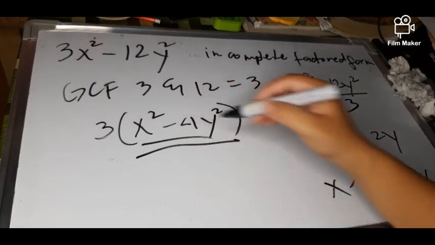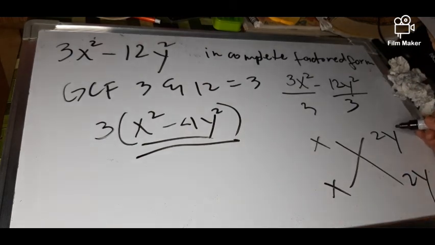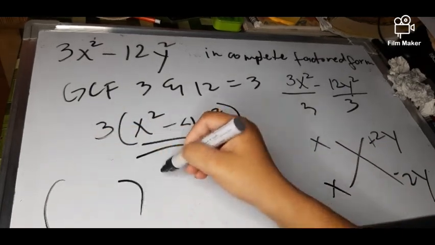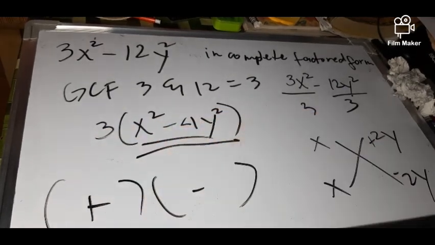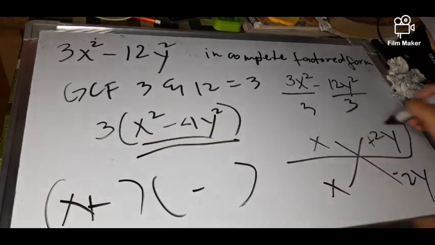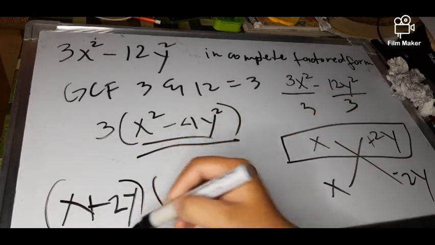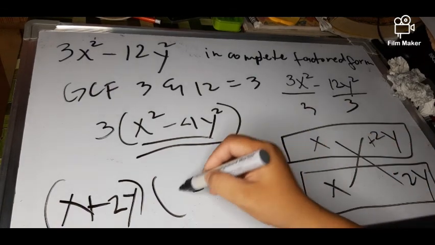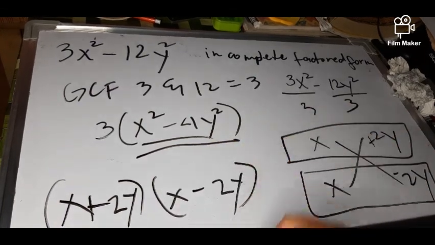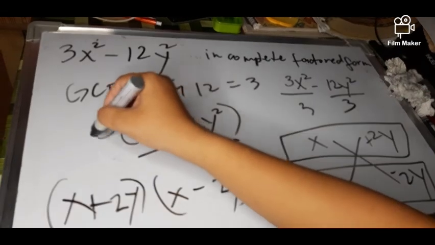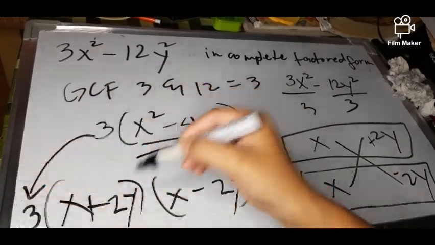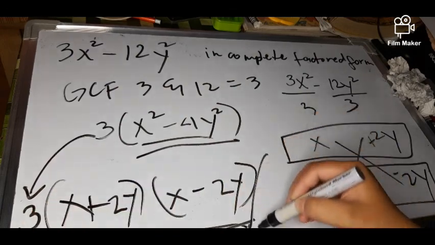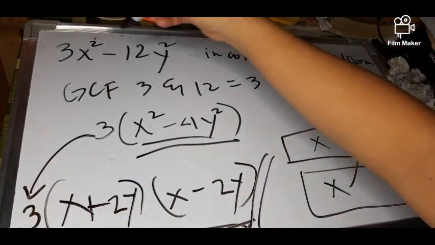Then, dahil minus yung operation natin, pagpo-factor ng difference of 2 squares, dapat yung isa positive, yung isa ay negative. So, we have x plus 2y and x minus 2y. Is this the final answer? Not yet, because this 3, you need to put it here. So, this will be the complete factor for this problem.